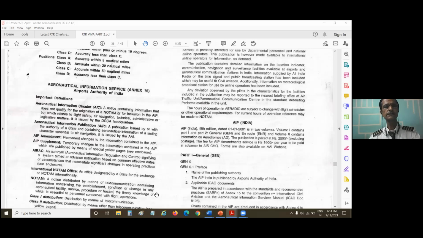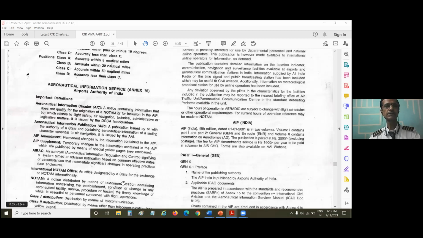Similarly, as per ICAO guidelines, India has devised a system of giving notices to airmen. Now, suppose a NOTAM, or notice to airmen, is given. First of all, the definition as per your book: a notice distributed by means of telecommunication concerning the establishment, condition, or change in any aeronautical facility, service, procedure, or hazard, the timely knowledge of which is essential to personnel concerned with flight operations.